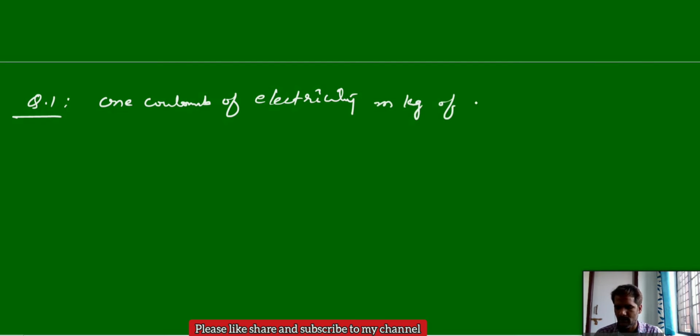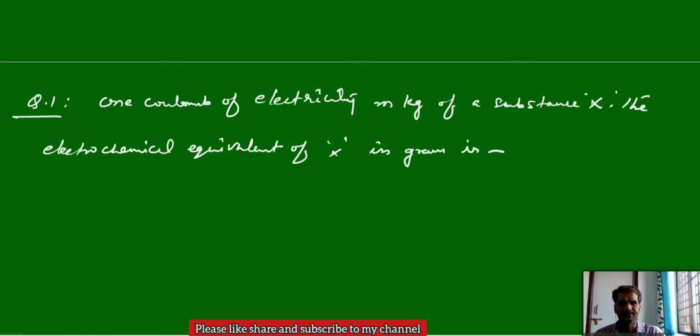One coulomb of electricity produces m kg of a substance X. The electrochemical equivalent of X in grams is? So 1 coulomb of electricity produces m kg of a substance X. What is the answer for this?